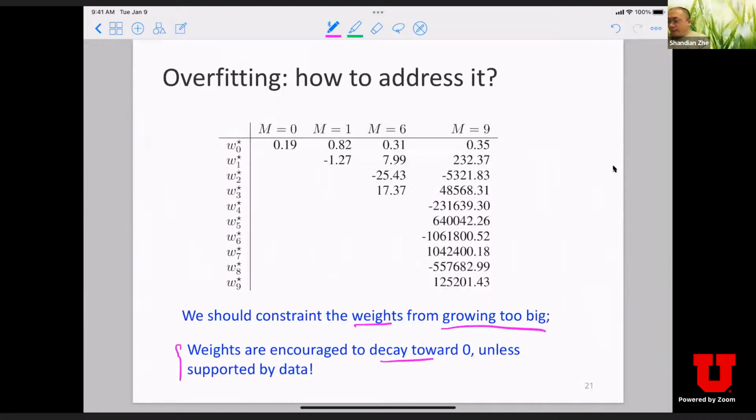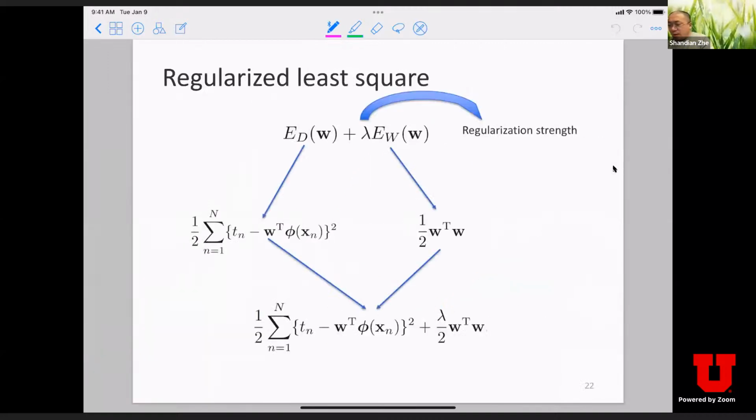And if the data says these weights are not very useful, they should be very, very small, or directly truncated to zero. So how can we do that? A commonly used trick is called the regularization trick.